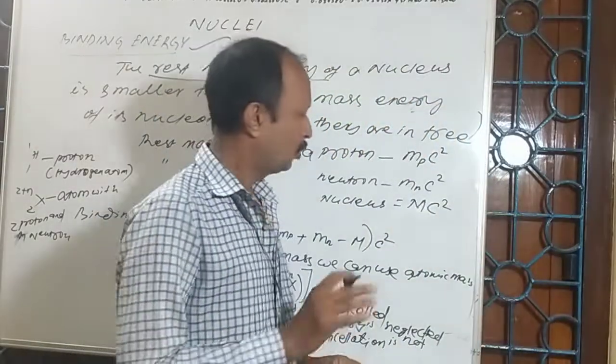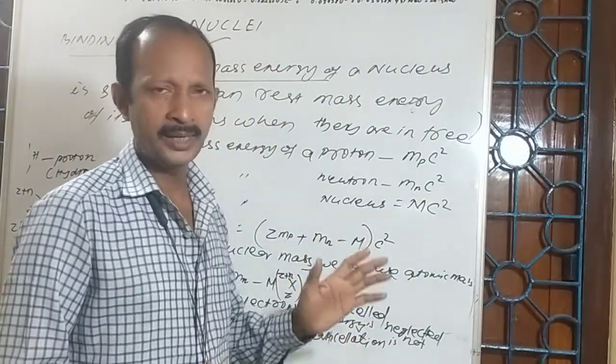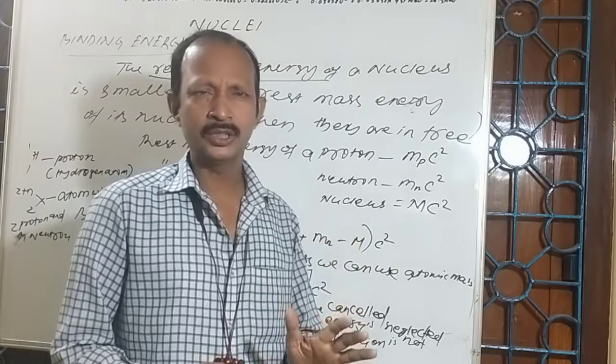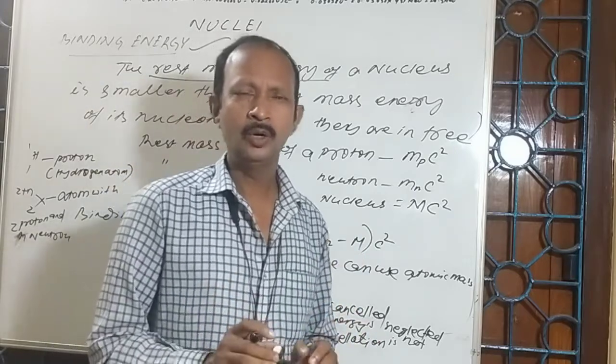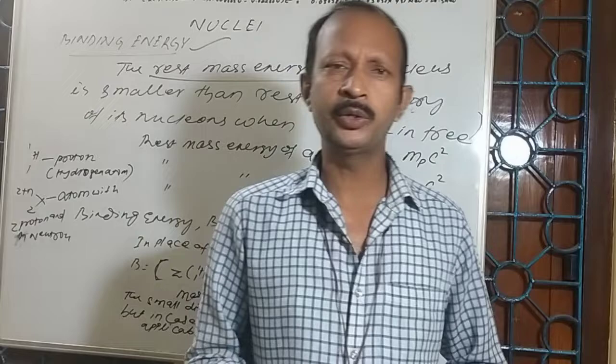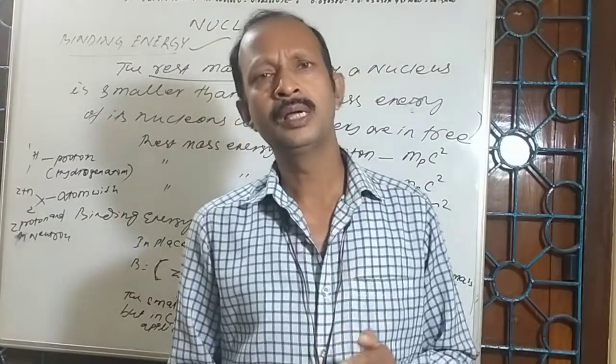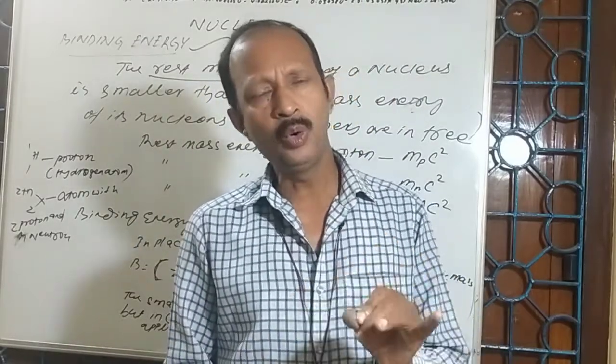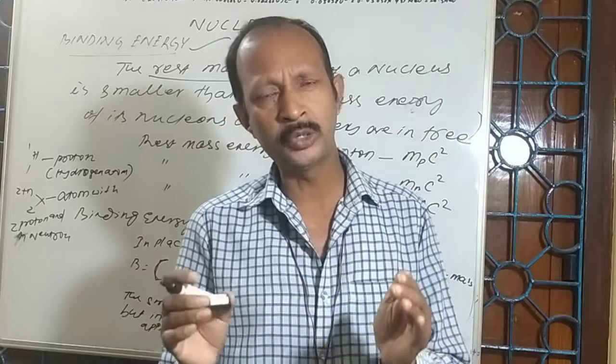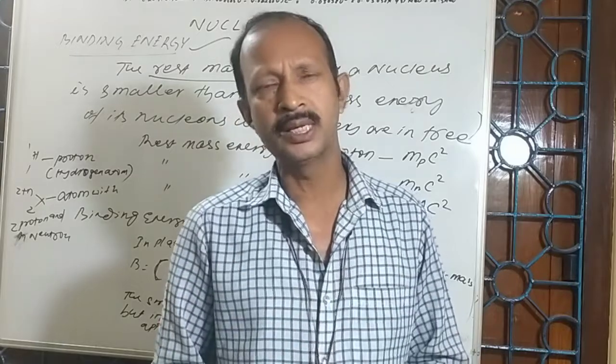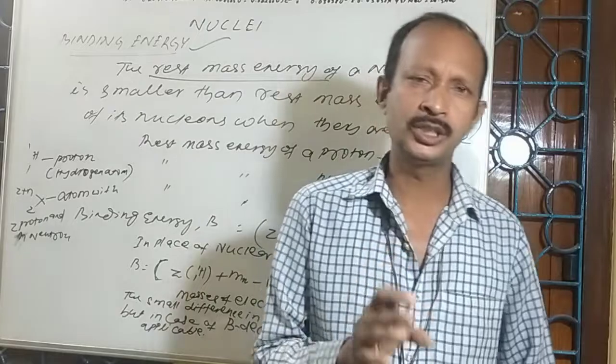So today's concept regarding the binding energy, simply I can say that when nucleons are coming together to form the nucleus, they lose some energy to hold together in a nucleus. That is the binding energy.